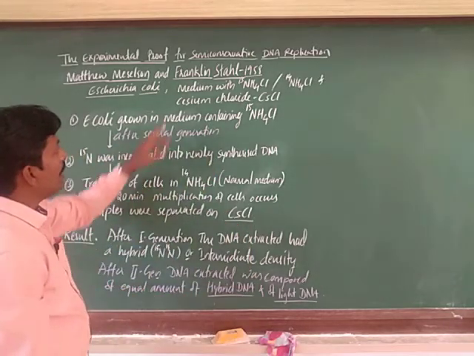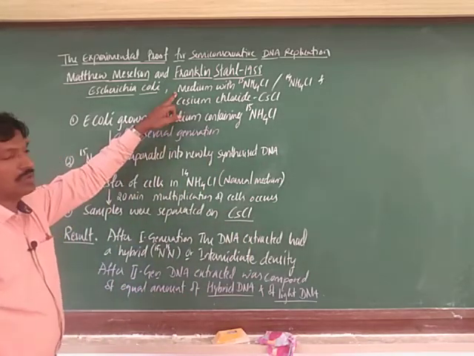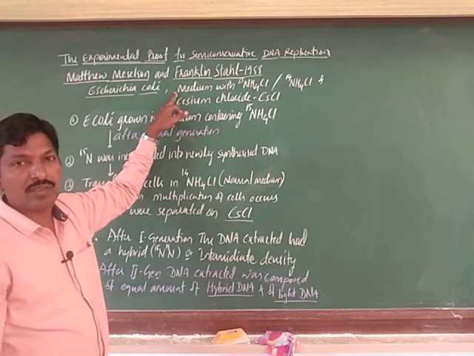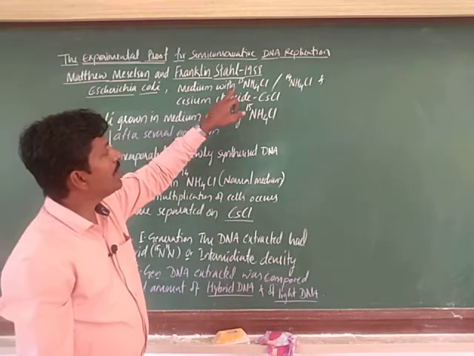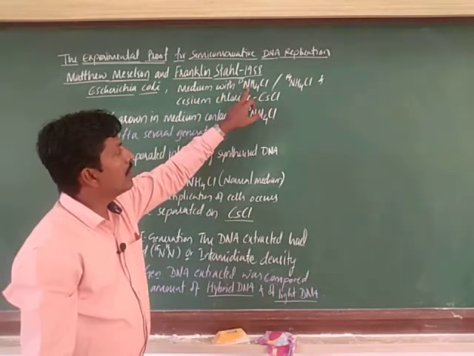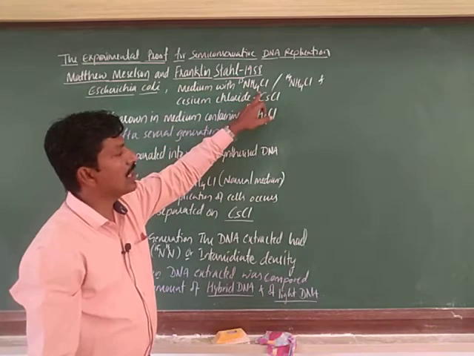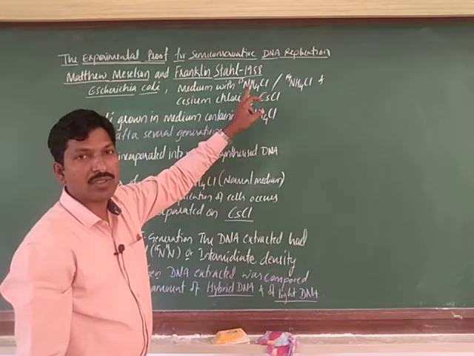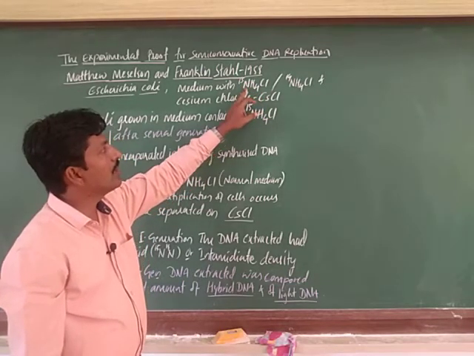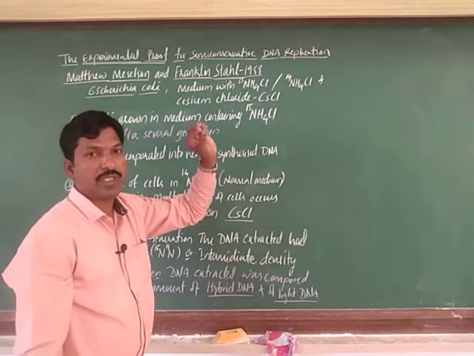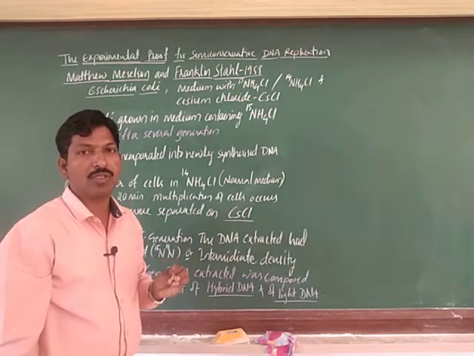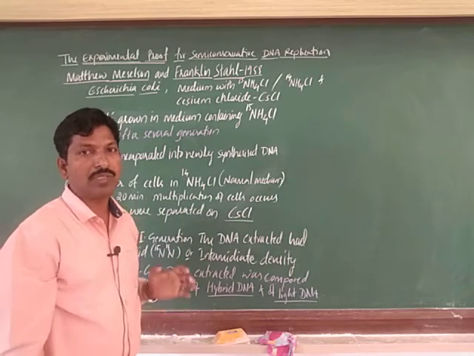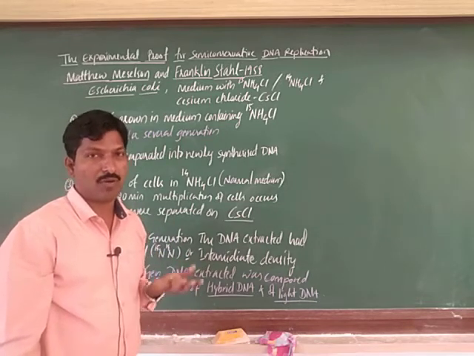Now the medium used for the synthesis of this DNA is a medium with NH4Cl, a nitrogenous compound. It is ammonium chloride, which contains nitrogen. Nitrogen is one of the important parts of the DNA molecule, as you know, because nitrogen bases are formed by nitrogen.